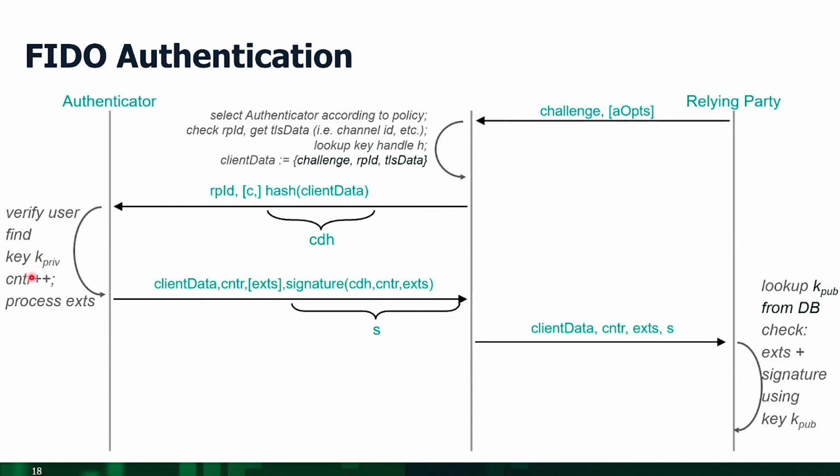And at this point, the authenticator does the appropriate lookup, finds the key, and then creates a signature again, including the challenge, which it then passes back to the relying party, who does their own lookup to make sure that the keys match the key that it has and ensure that it's valid.